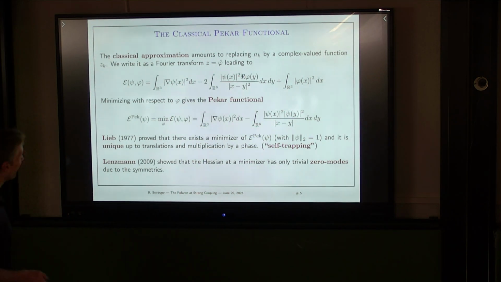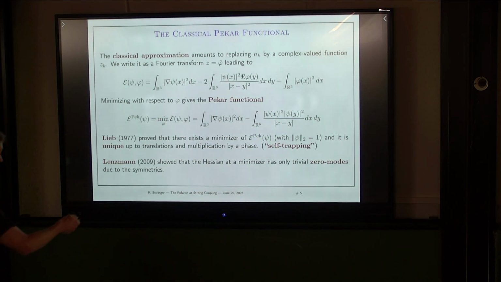What is also relevant, actually maybe not really for my presentation, but for the proofs, is an important generalization or extension of this work by Lieb, by Enno Lenzmann, who showed that if you look at the Hessian at one of these minimizers, then it's strictly positive up to the trivial zero modes that come from the symmetries.